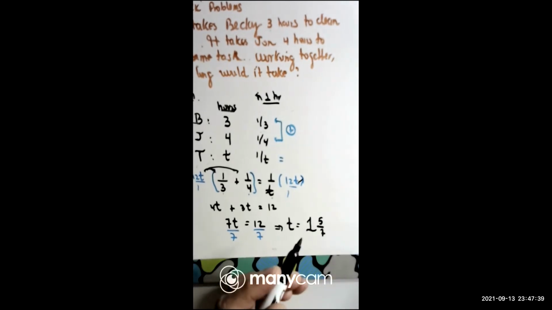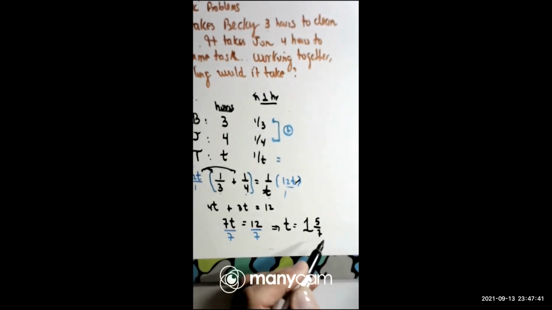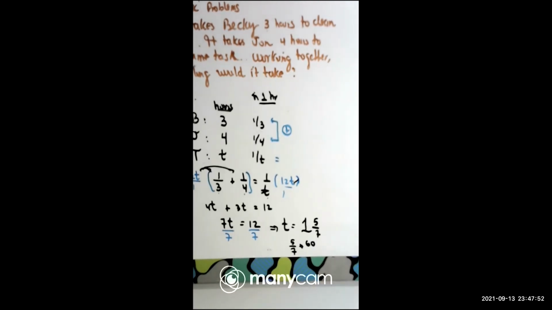If I want to convert this to minutes, we know that we have 60 minutes in 1 hour. So this is what we are going to do. Just take 5/7 and multiply by 60 to see what you get.